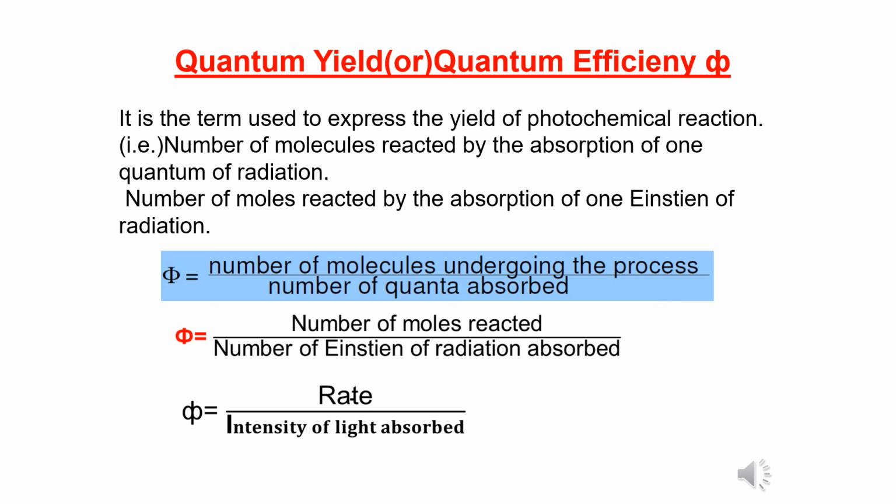So it is the number of molecules reacted by the absorption of one quantum of radiation, in other words, the number of moles reacted by the absorption of one Einstein of radiation. These are given in the formula. One more formula: phi is equal to rate divided by intensity of light absorbed. That is also a formula to determine the value of quantum yield phi.